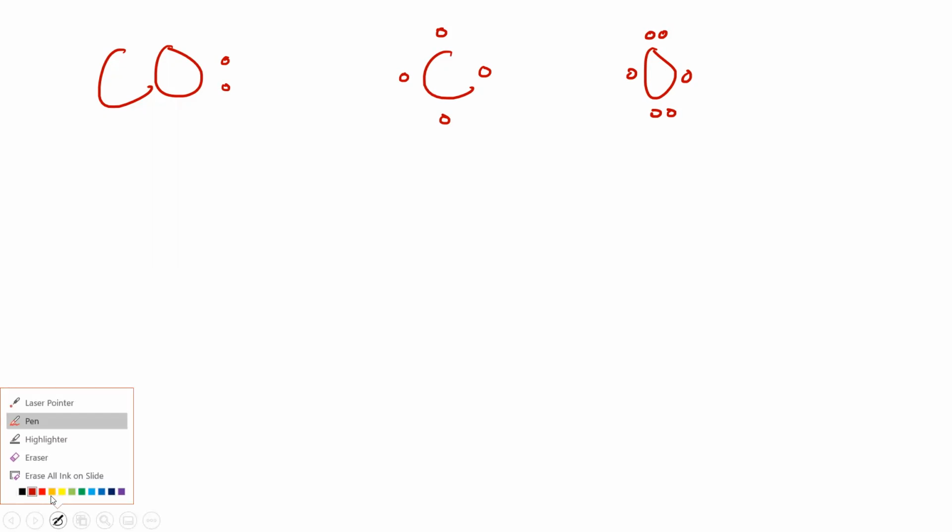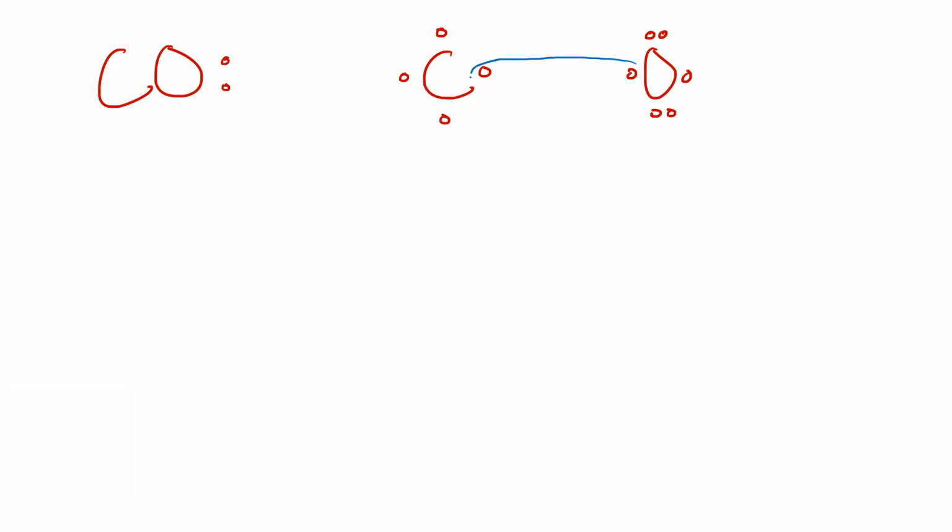Oxygen, group 6. We've already looked at oxygen. 1, 2, 3, 4, 5, and 6. Okay. Good so far. Form a bond here. Form a bond a bit circuitously. There.